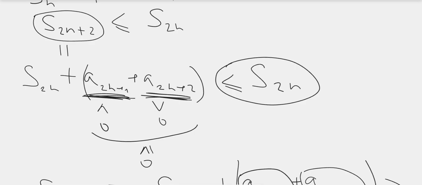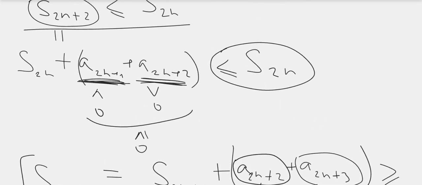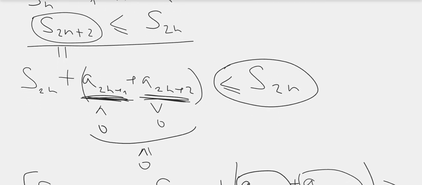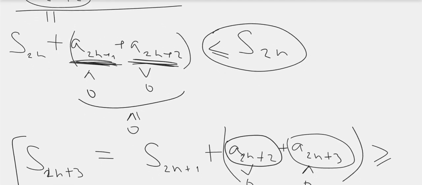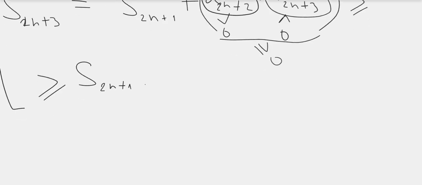Because of this, the partial sums with even indices are decreasing, and the partial sums with odd indices, they are increasing.